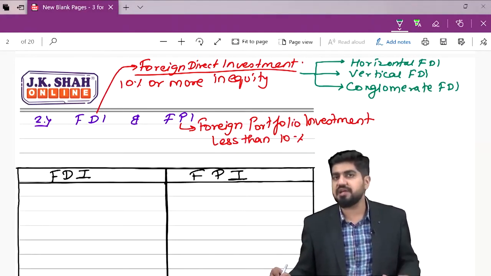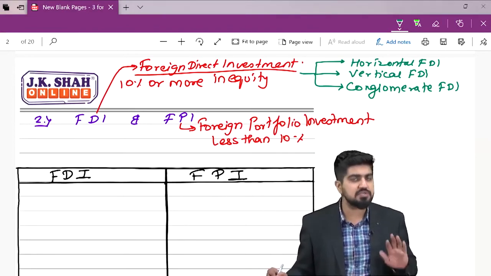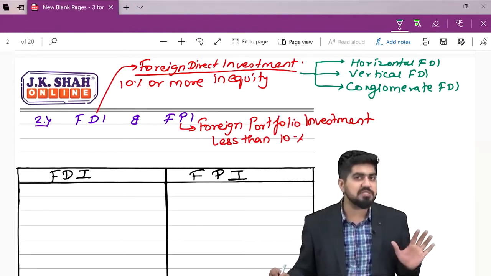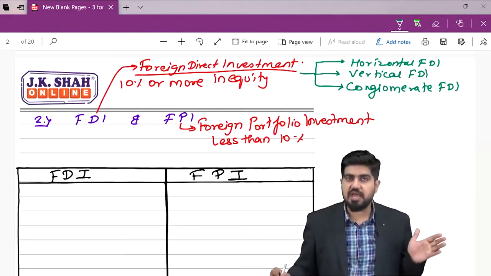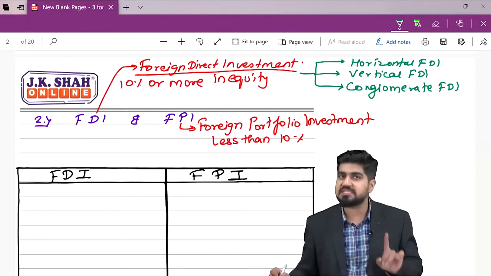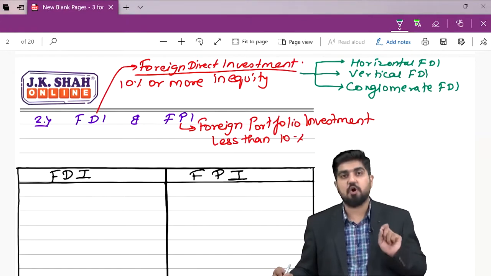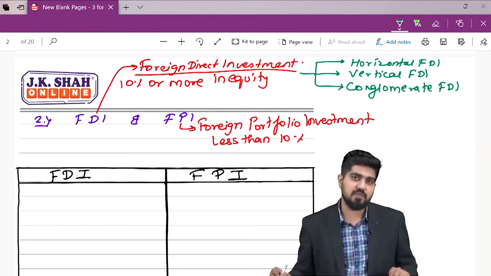They come to India and they invest in a company in India which is also producing cars. That means the line of business of the investor as well as the recipient is the same. So such kind of investment will be called horizontal FDI.